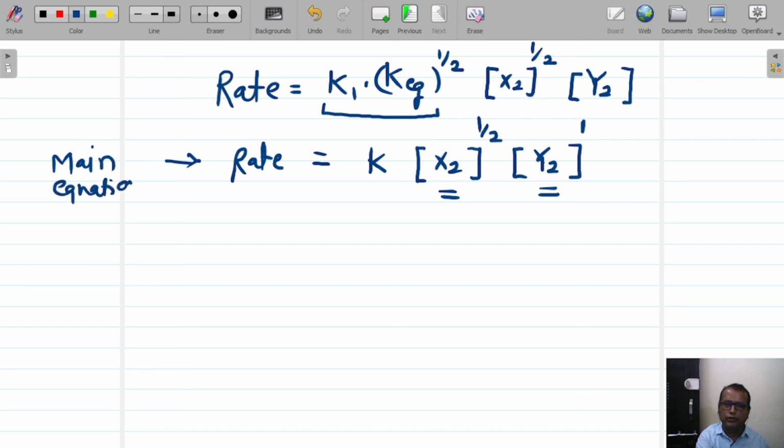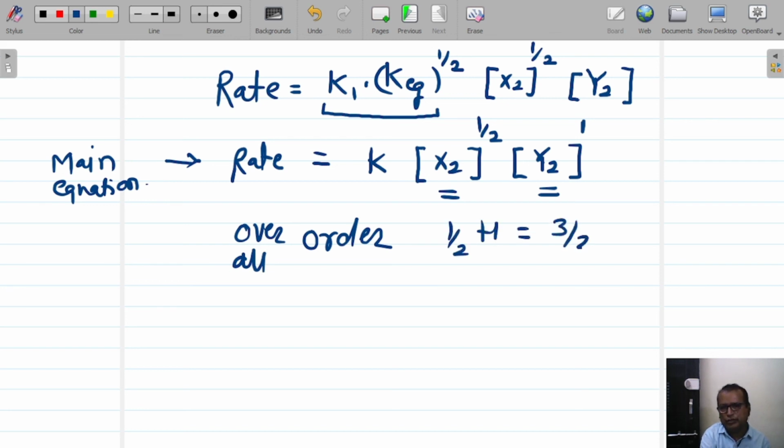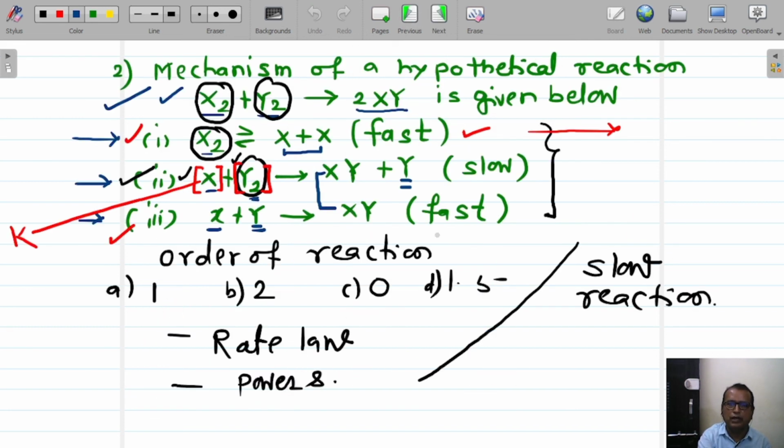The rate law gets modified to K into concentration of X2 raised to power 1 by 2 into concentration of Y2. Then the overall order is 1 by 2 plus 1, which is 3 by 2, that is 1.5. 1.5 is our answer, D.